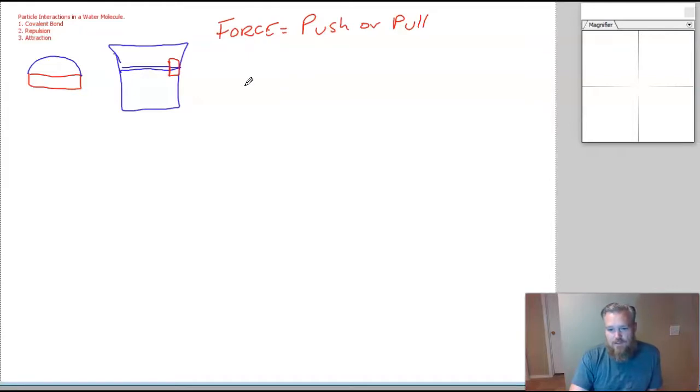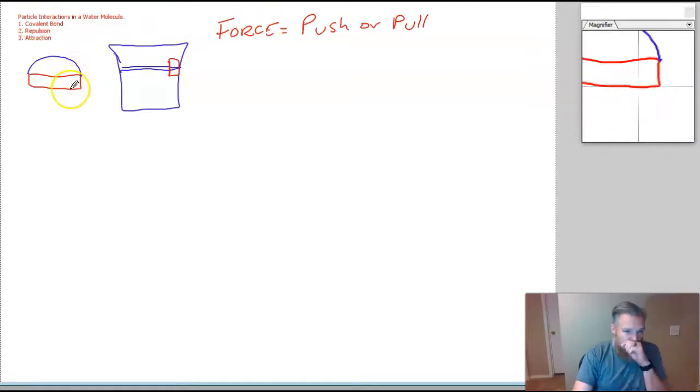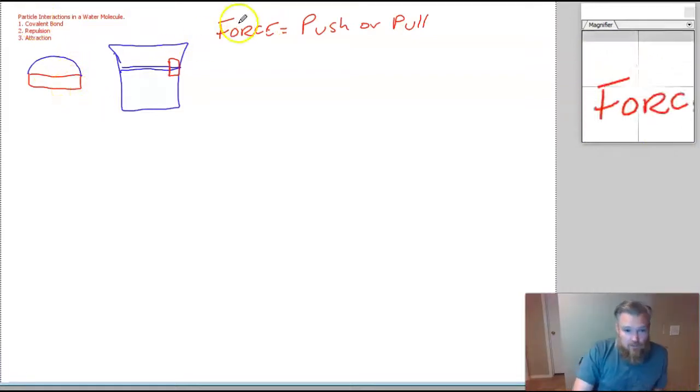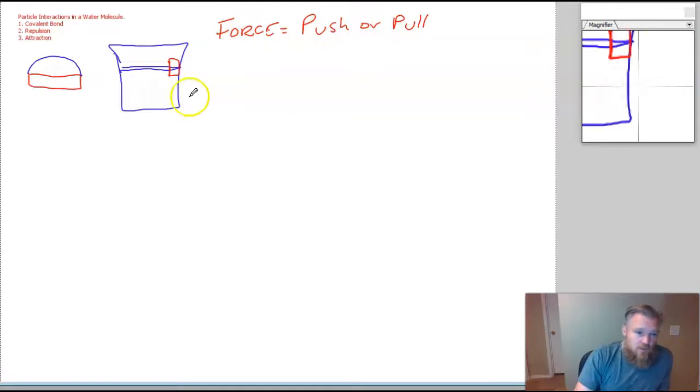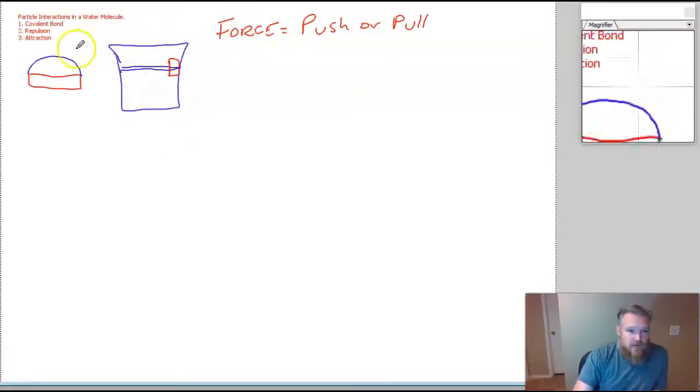Remember, force is what causes objects to move. They don't have to move for it to be a force, but it is what is applied to them, and that's what makes them move if they do. So if we know what a force is, which is a push or pull, then we can start talking about these interactions in terms of attraction and repulsion, okay?